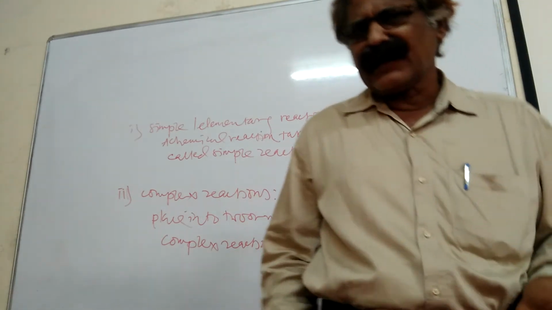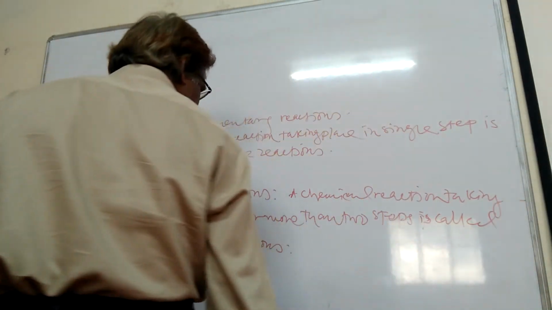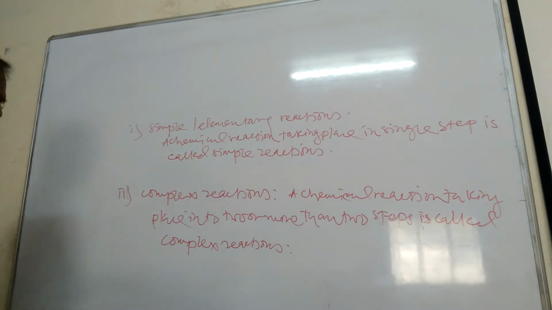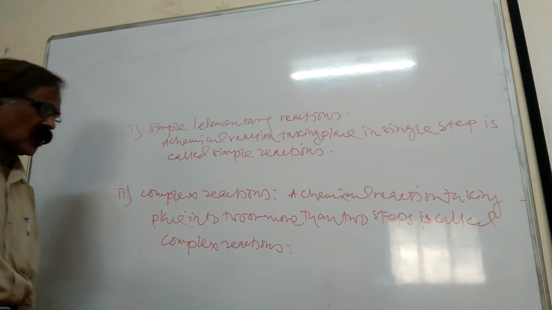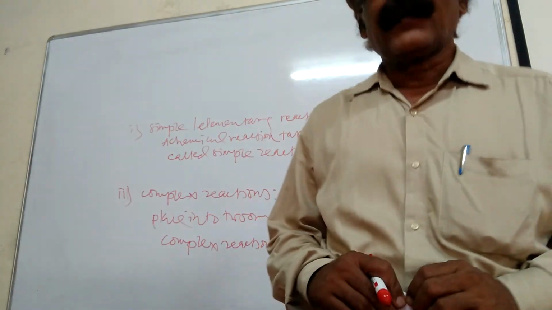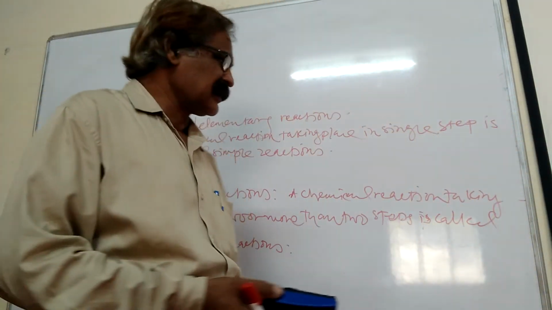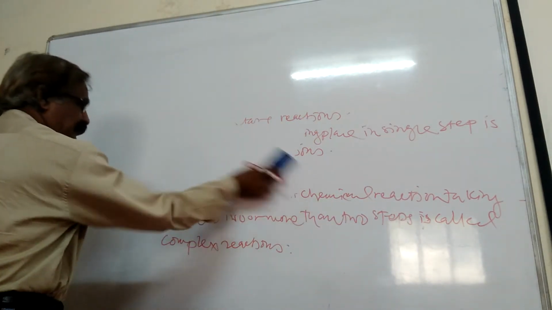So, how can we define a complex reaction? A complex reaction is a chemical reaction taking place in two or more than two steps. Now, as per classification of complex reactions is concerned, complex reactions are of four types.